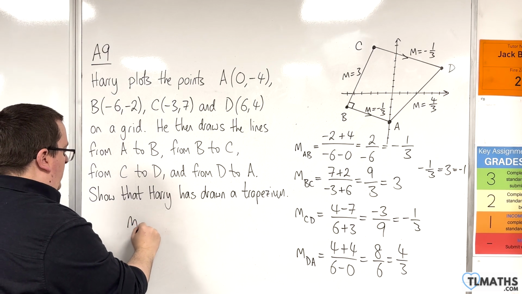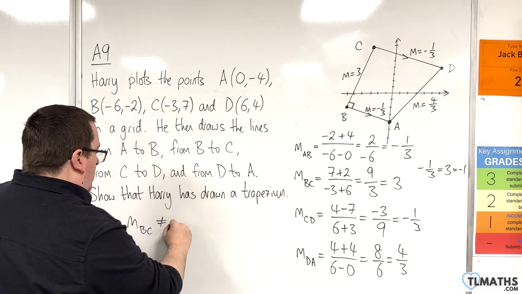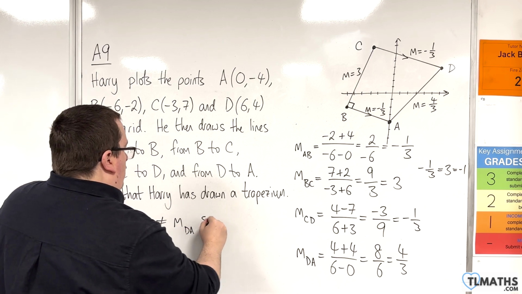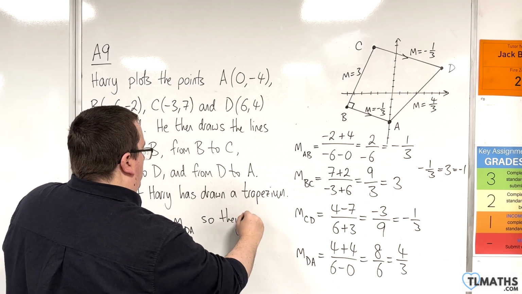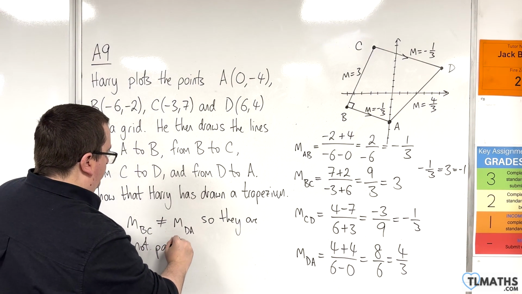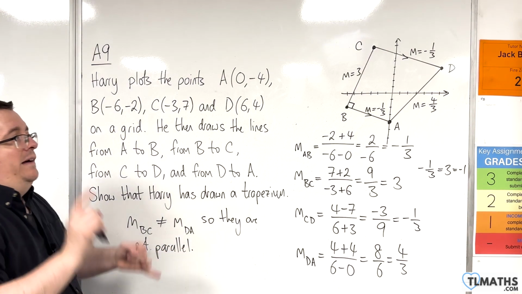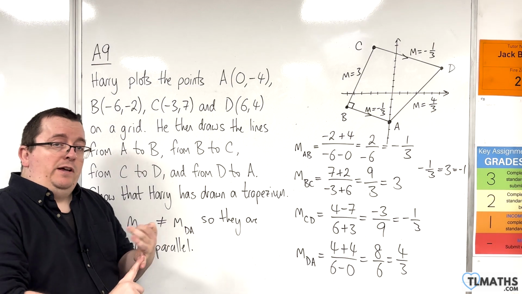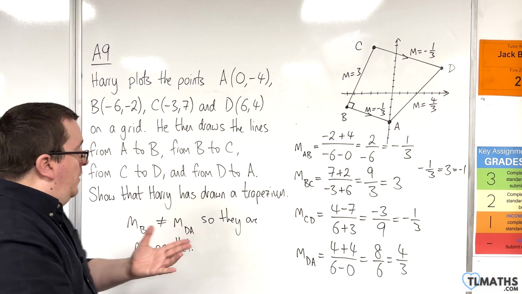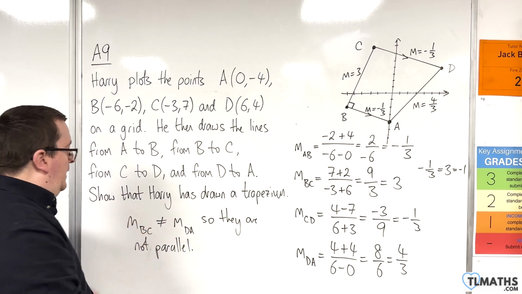So they are not parallel. So we have one pair of parallel sides, and that's it. And so this has to be a trapezium.